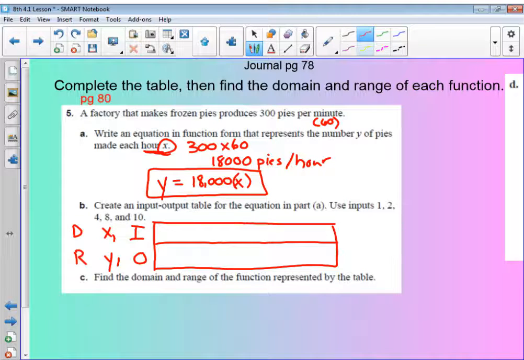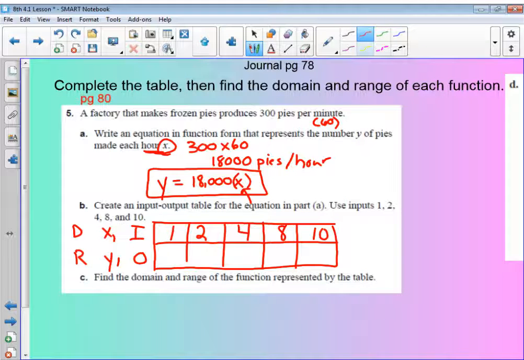Okay, so getting comfortable with that vocabulary. So it says use the inputs 1, 2, 4, 8, and 10. So we're going to go ahead and substitute those in where X is up here.